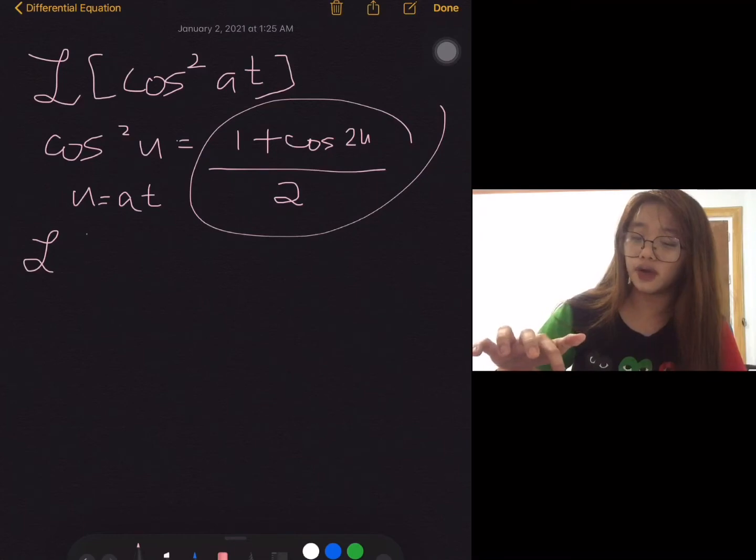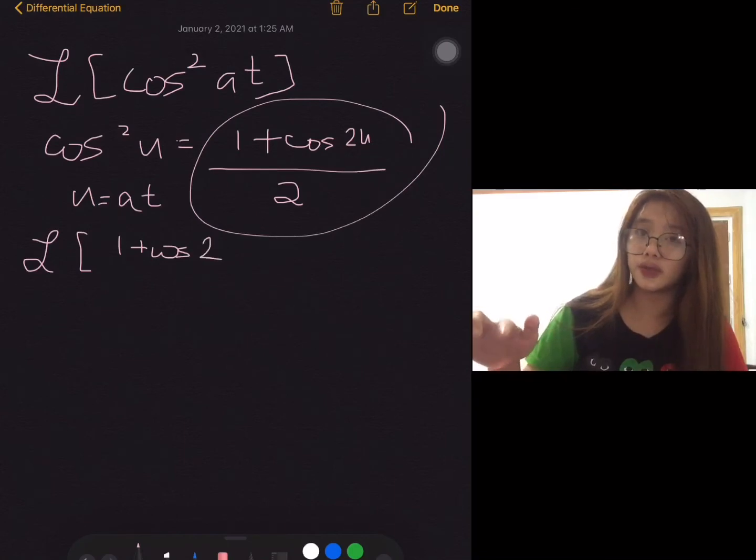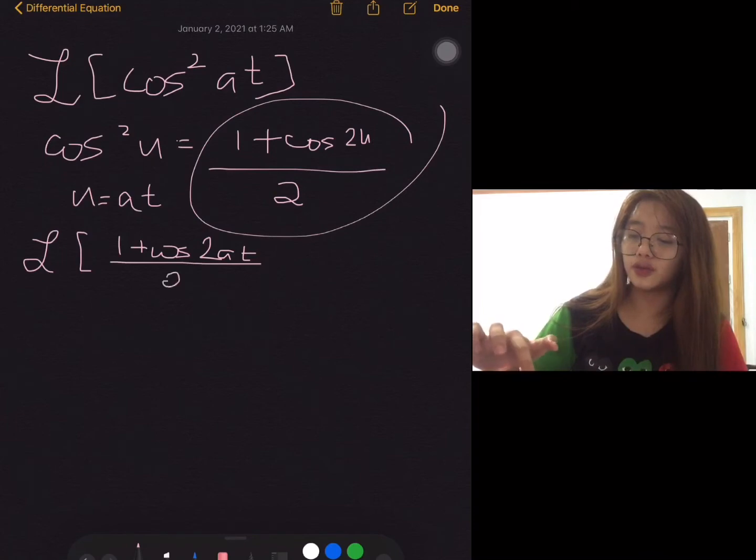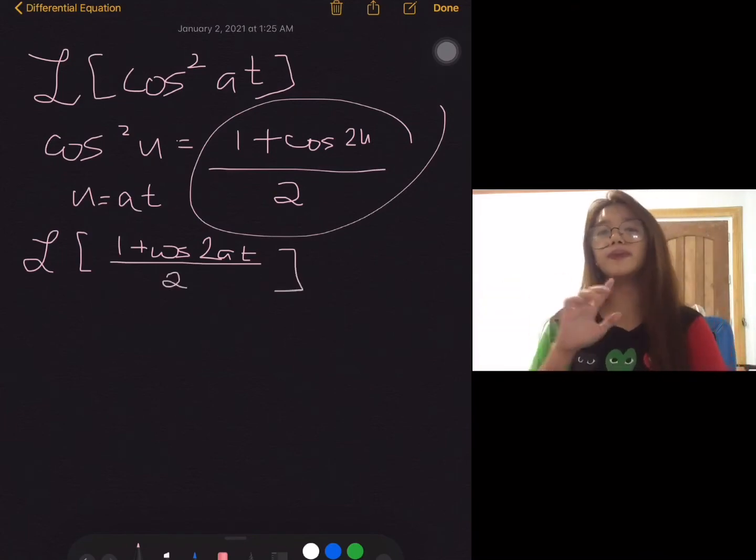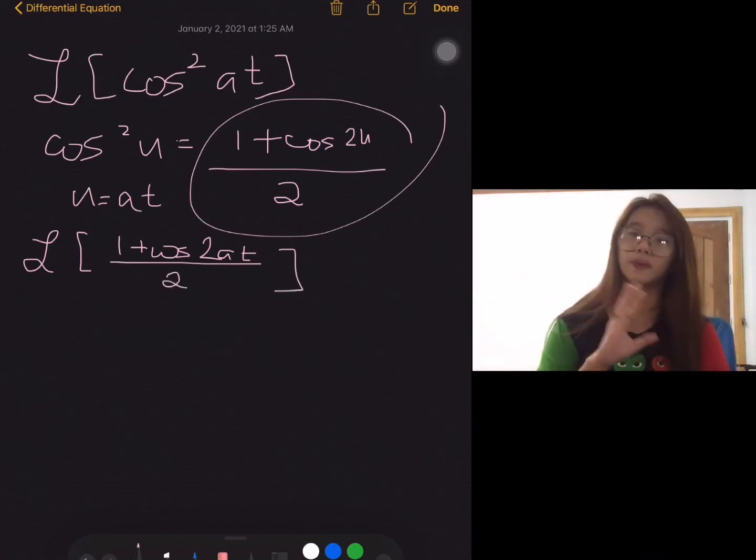The Laplace transform of 1 plus cosine 2, our u is at, 2at, over 2. The 2 here will be distributed as denominators of both terms.